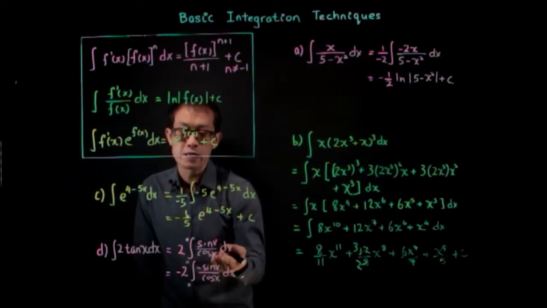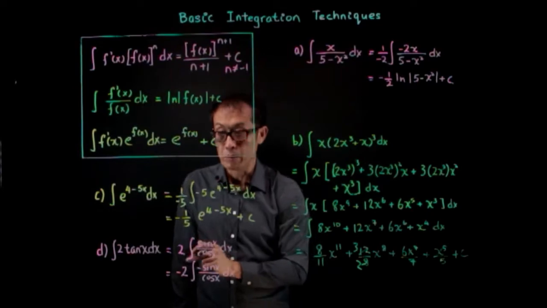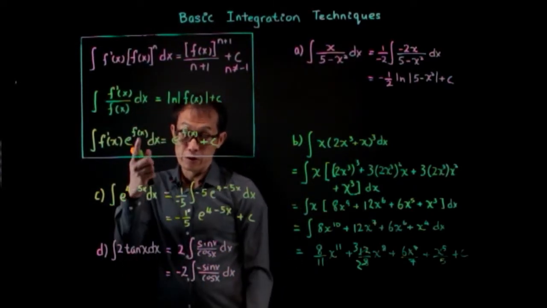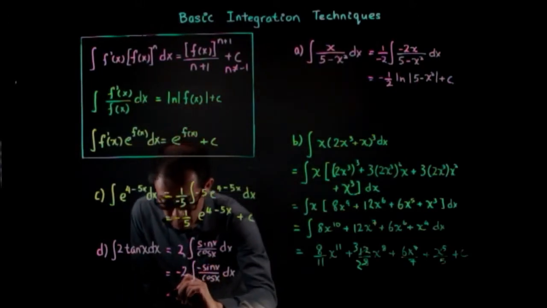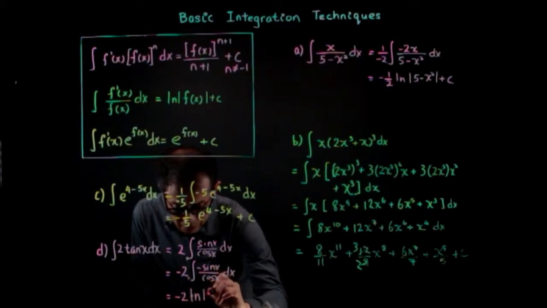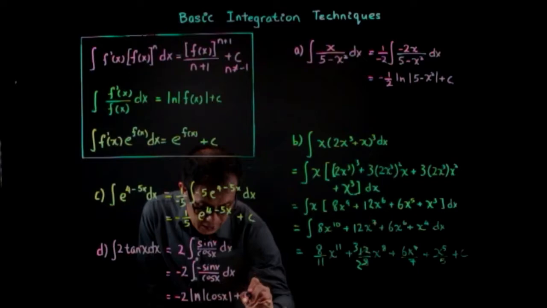Now the numerator is the differential of the denominator, so it fits into the green formula. So this will be equal to minus 2 ln absolute value of cos x plus c.